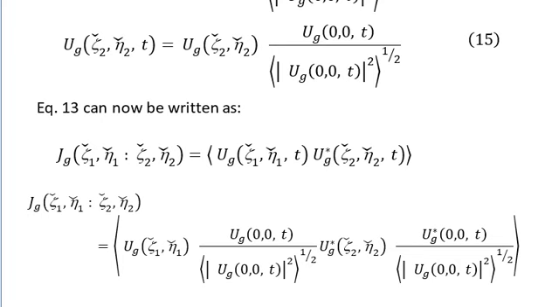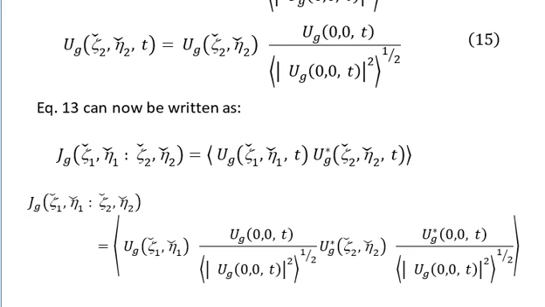So you see that we have encountered this expression once previously, and now we are writing this again, and you know that this is very well valid for a narrow band polychromatic light source.